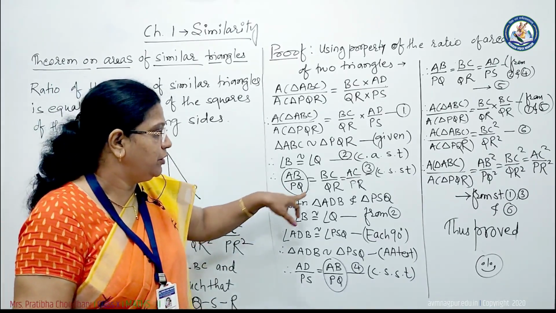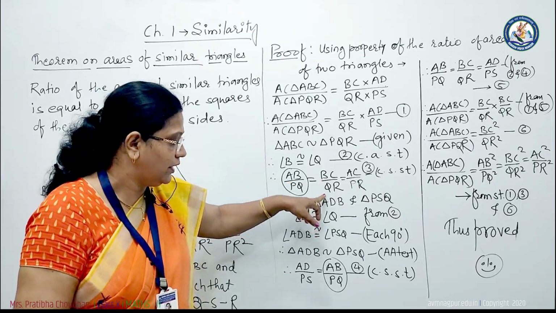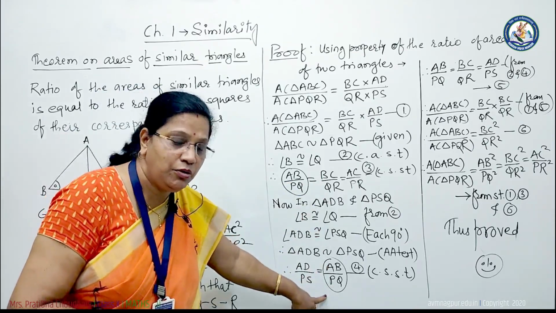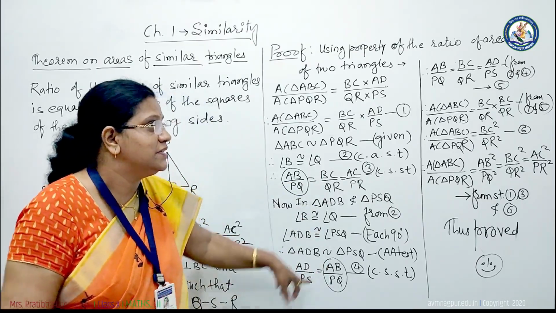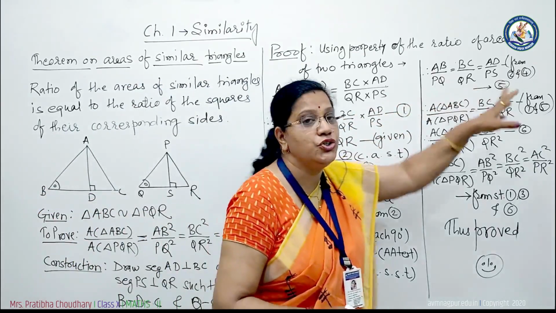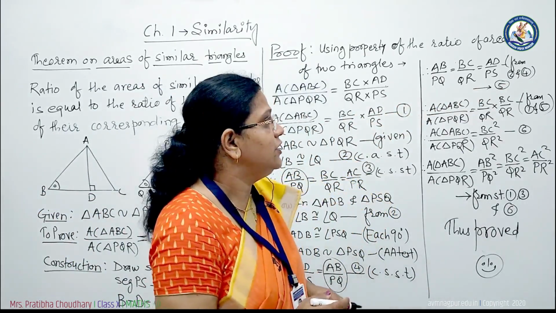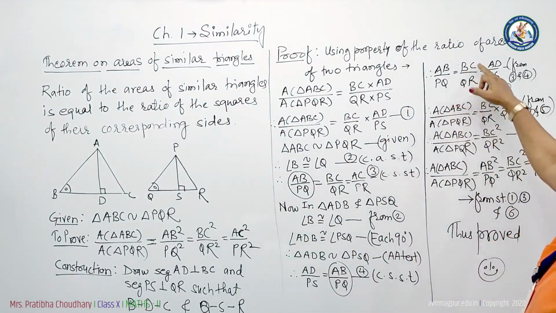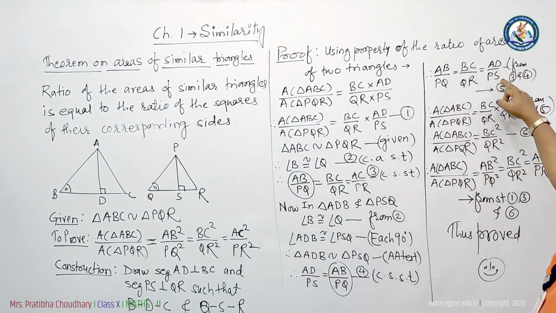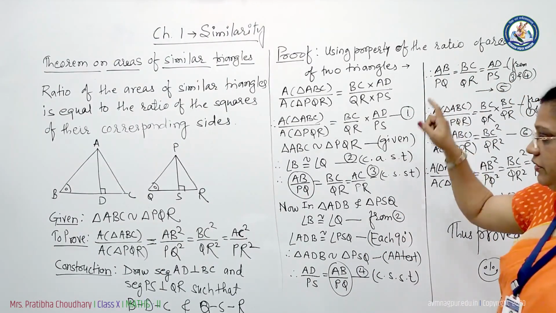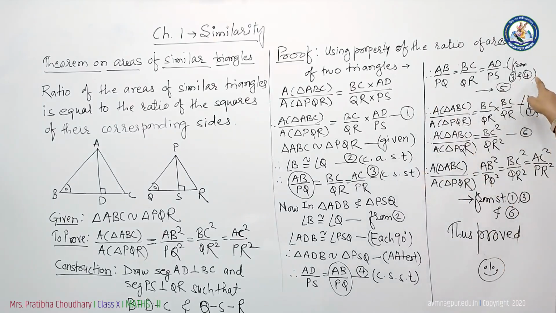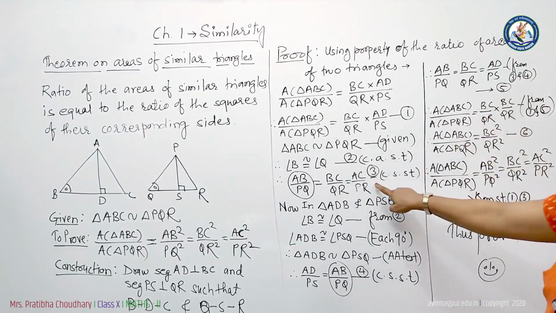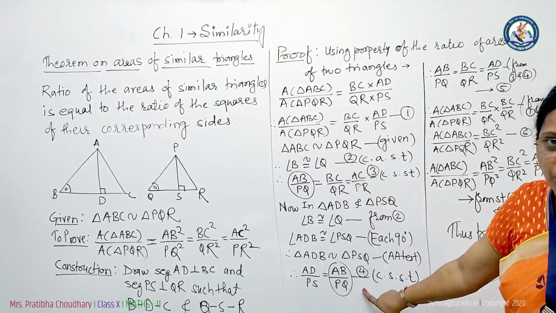If AB upon PQ is equal to BC upon QR, and AB upon PQ is equal to AD upon PS, that means all three ratios are equal to each other. So AB upon PQ is equal to BC upon QR is equal to AD upon PS. This is statement number 5, which we have derived from statement number 3 and statement number 4.